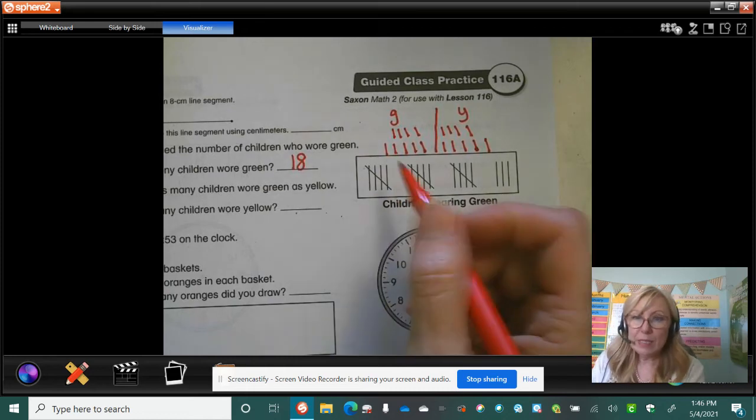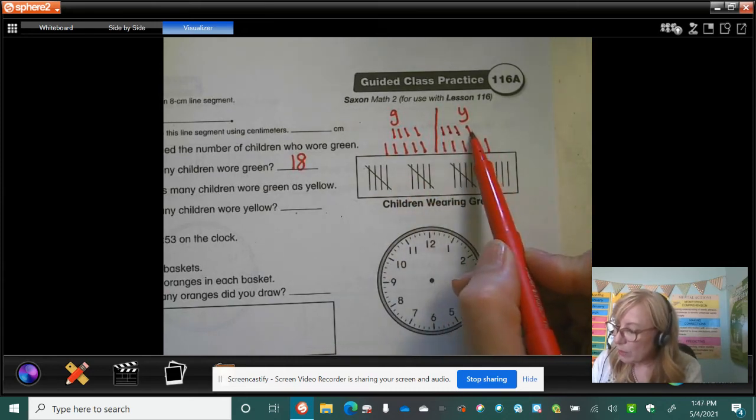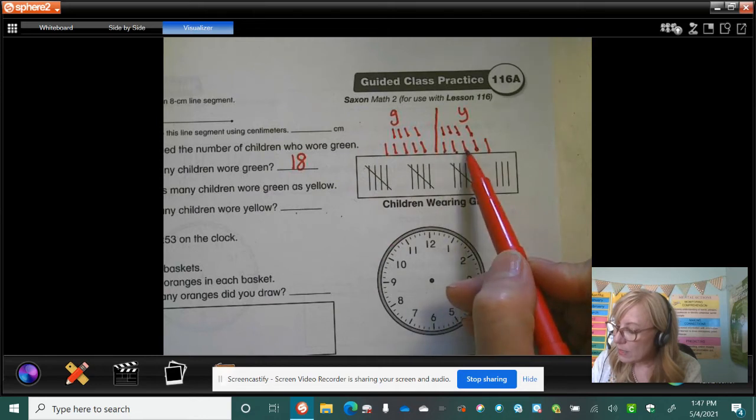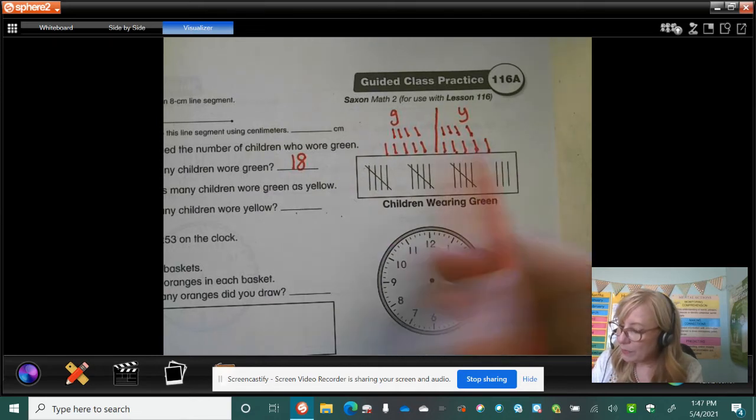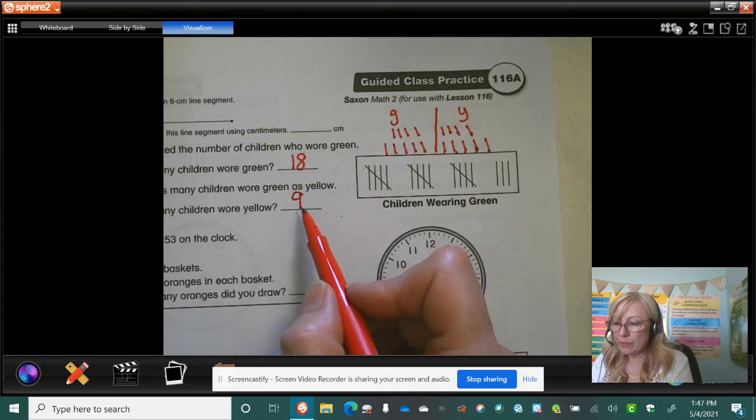All right, now let's see how many were yellow. 1, 2, 3, 4, 5, 6, 7, 8, 9. So 9 kids were yellow.